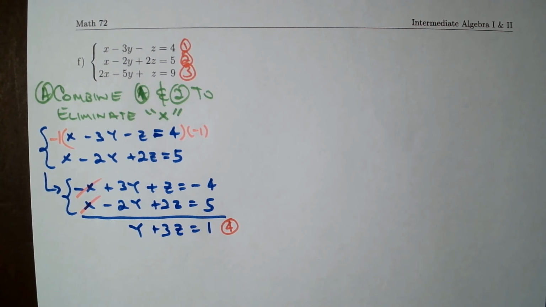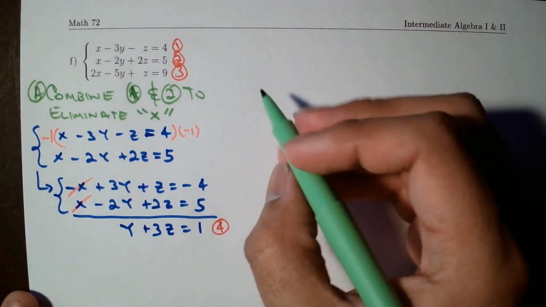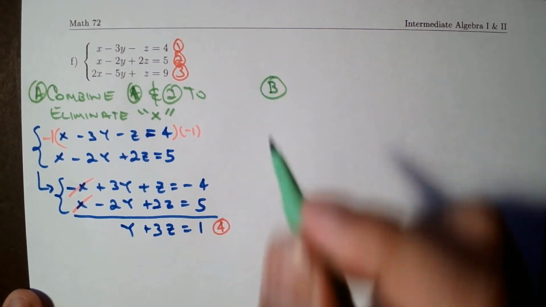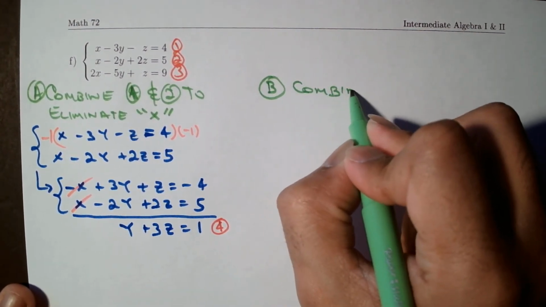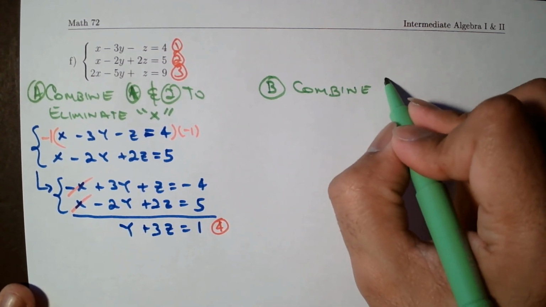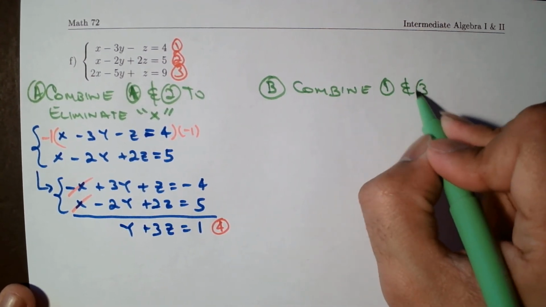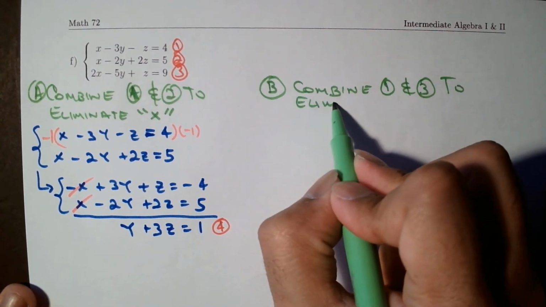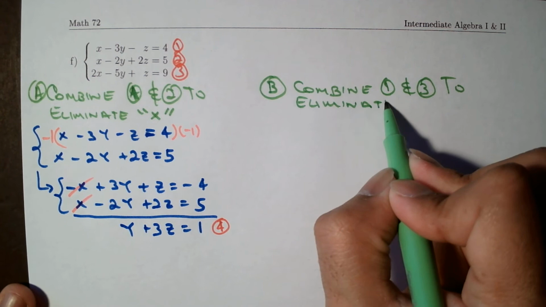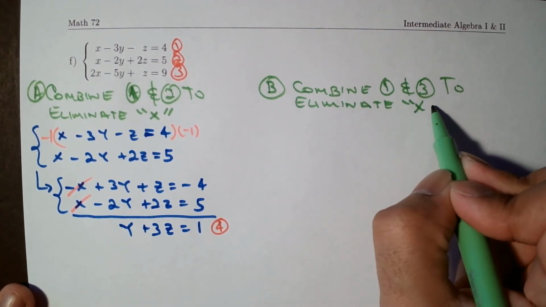All right, part B. Combine 1 and 3 to eliminate also x.